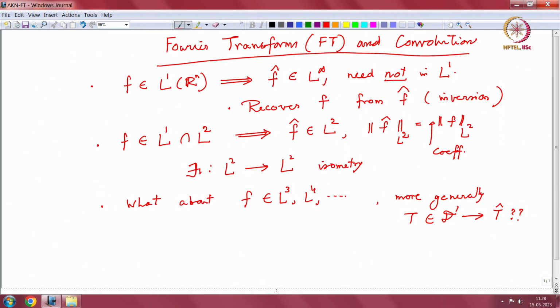So, it not only defines the distribution, it defines many functions for which you do not know how to define the Fourier transform. So, we are going to see the Fourier transform of L3, L4 functions not as functions, but as distributions. So, you recall L^p is contained in D prime, you know that.